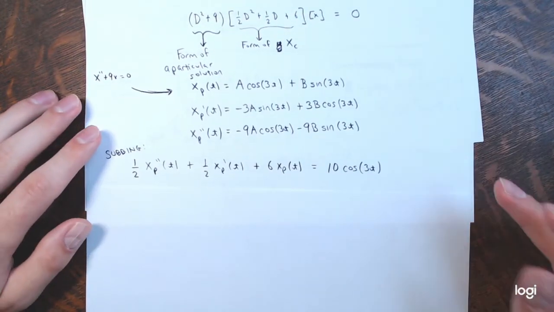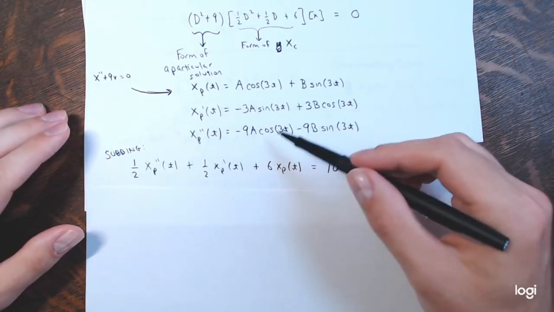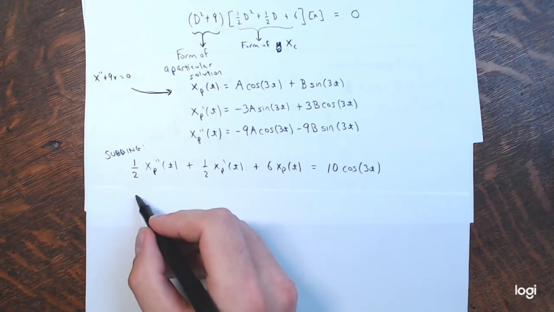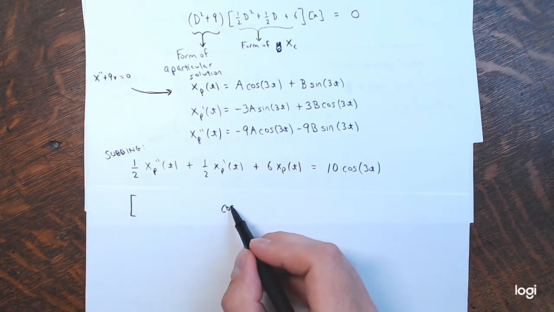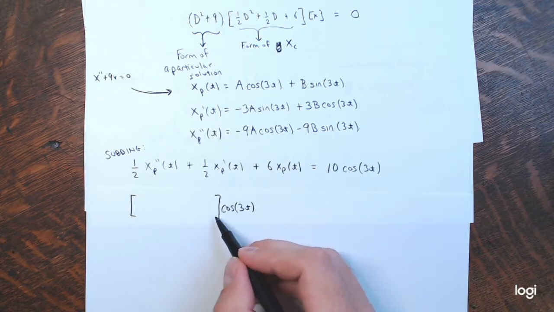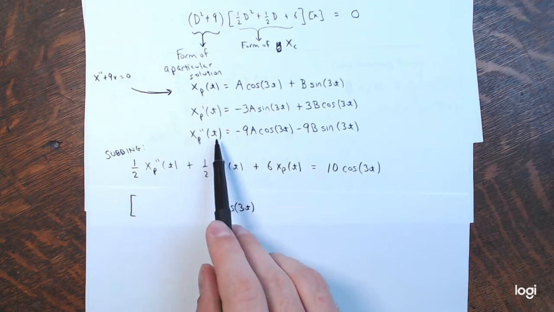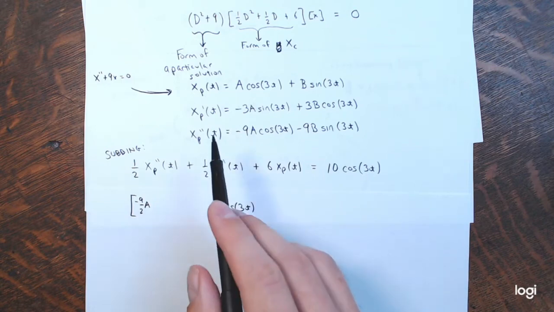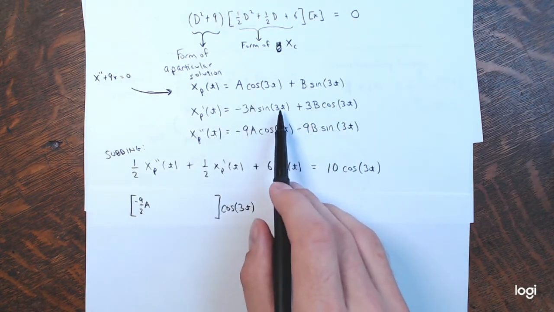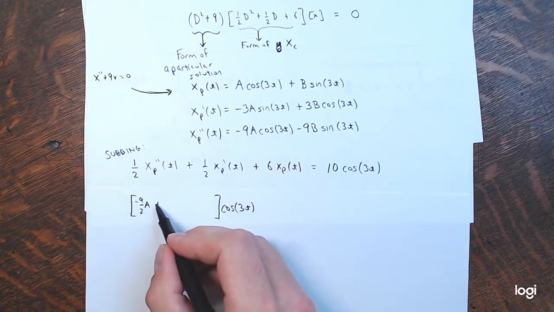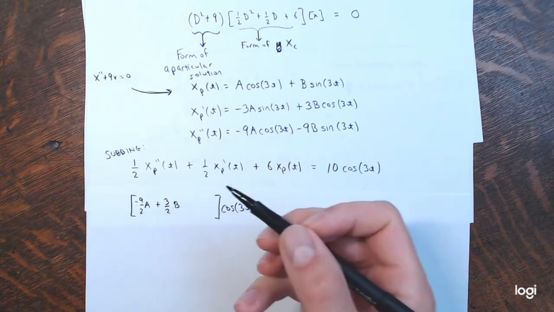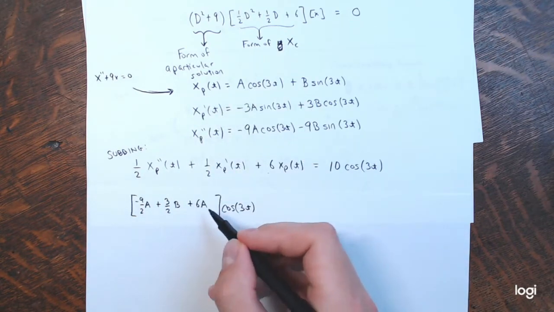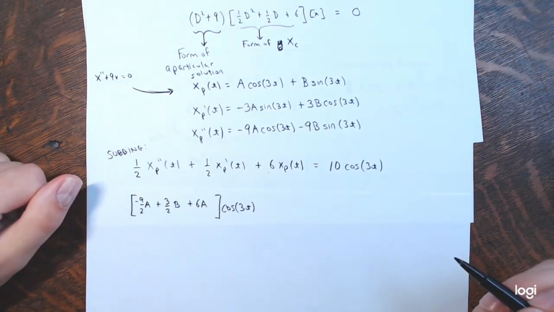So basically I'm going to get all the cosine of 3t's together and the sine of 3t's together. So if you look at all the cosine of 3t's, I have half of negative 9 halves a, then plus half of xp prime, so plus 3 halves b, and then plus 6 of xp, so plus 6a. Those are the coefficients added together of cosine of 3t.